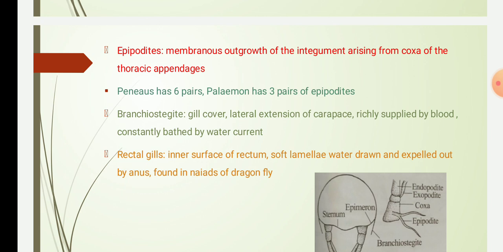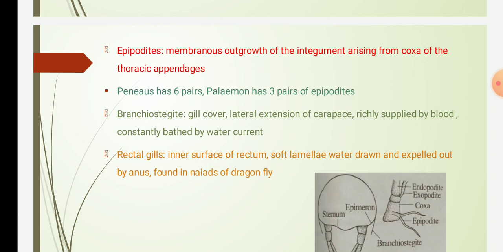This you will be remembering when we did the type study of Penaeus. That time we did the appendages in prawns, and it was explained that epipodites are present on the appendages. Okay, so the first pair of epipodite of the thorax will be conical in shape, whereas the remaining 5 will be Y-shaped.